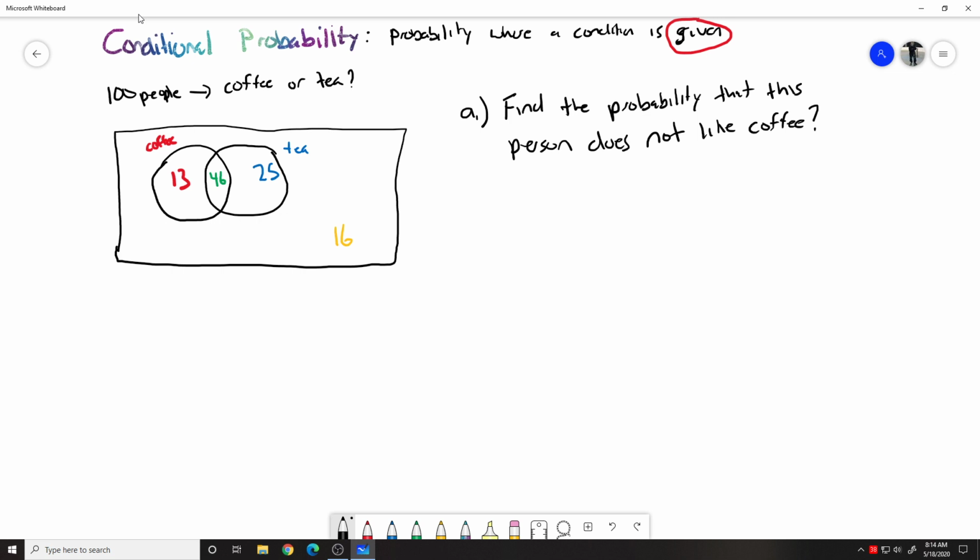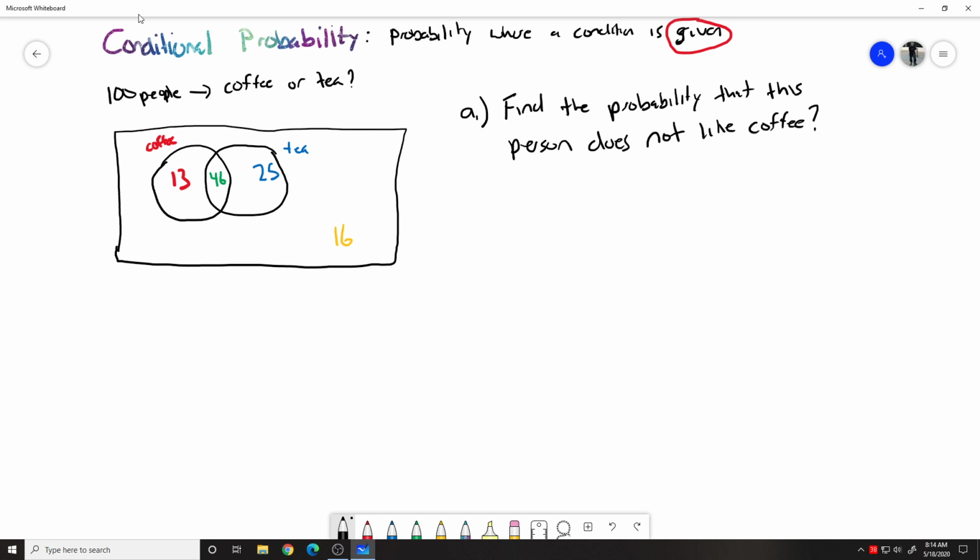There's no given in this question. So like I said, be ready for anything in this conditional probability section. Be ready for any type of question from anything that we've learned from the probabilities. There's no condition being laid on us in this question. It's just looking at the thing as a whole. What's the probability that they don't like coffee?